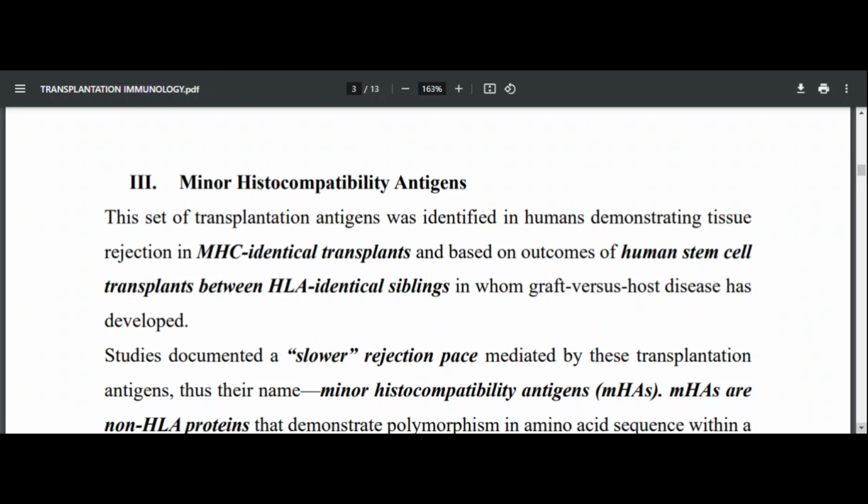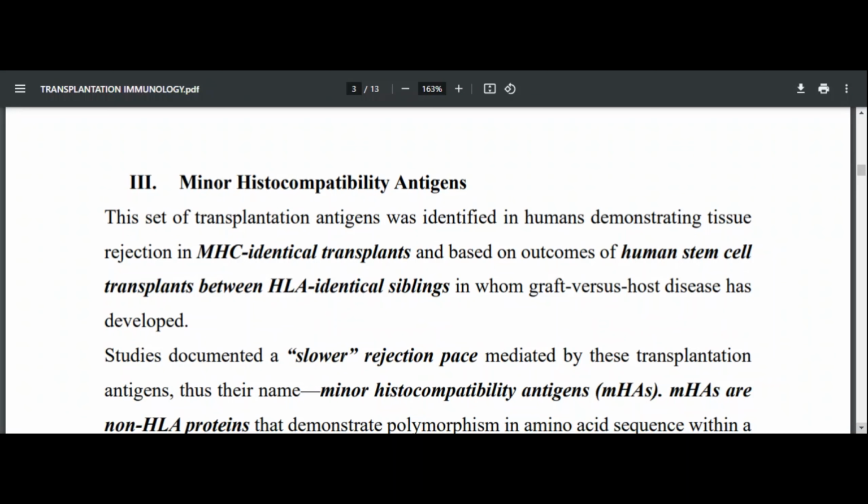Those proteins are said to be minor histocompatibility proteins because, following transplantation of a certain graft or organ or even human stem cells, the recipient will develop a reaction or rejection, in terms of graft-versus-host disease or any other rejection of the grafted tissue or organ.